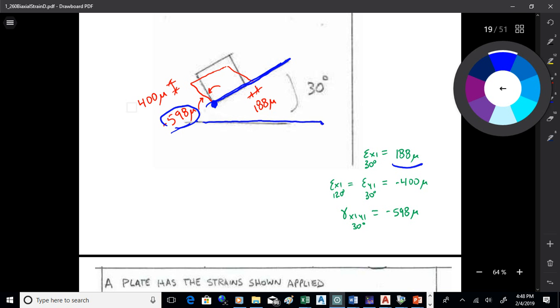It's different than stress. So the 30-degree direction is right here. And when we say this is 188, we mean the line at 30 degrees with the horizontal lengthens. The conventions are a little different than the stress, which is why it might look a little weird. Similarly, 90 degrees off of that, this shortens up. It's a little different in the directionality of it. We'll get to that later.